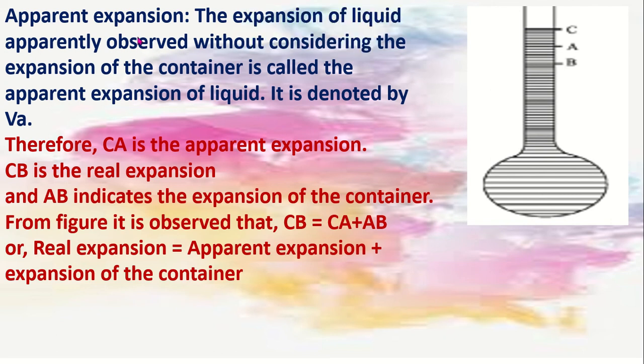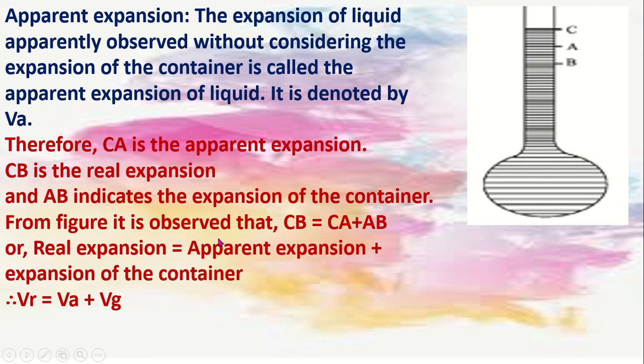Now we can write VR equals VA plus VG. That means real expansion equals apparent expansion plus expansion of the container. Here we consider the container is made of glass, so we write VG, VA for apparent, VR for real.